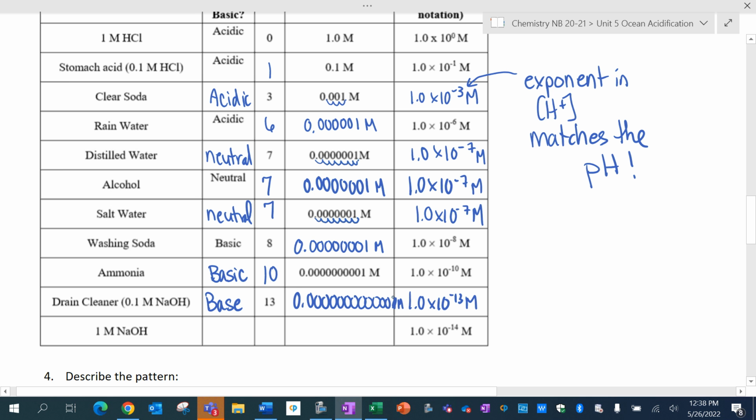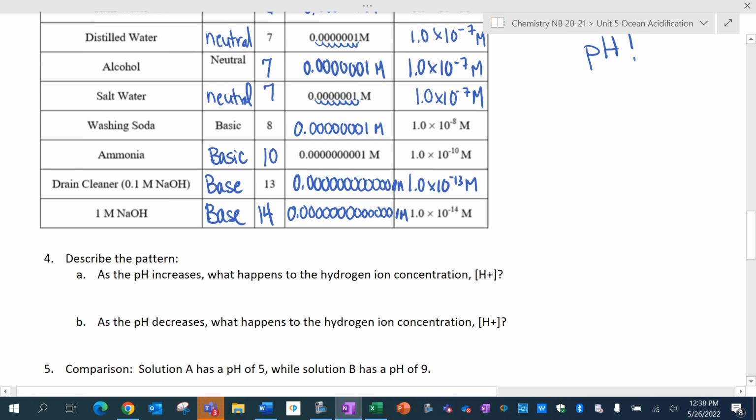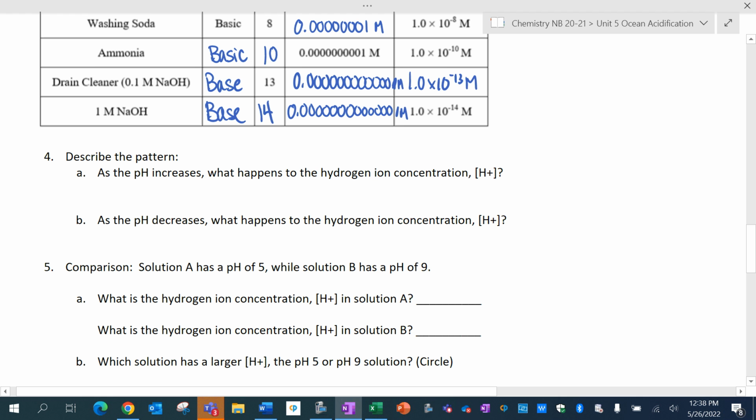Okay, and then our last one, if you have 1 molar NaOH, that's about the highest pH you can get. It's also a base, and then that's just one more 0. 1, 2, 3, 4, 5, 6, 7, 8, 9, 10, 11, 12, 13, 14. Okay, whew. There we go. So with this pattern, one other general pattern you want to notice, as the pH increases, the hydrogen ion concentration decreases.